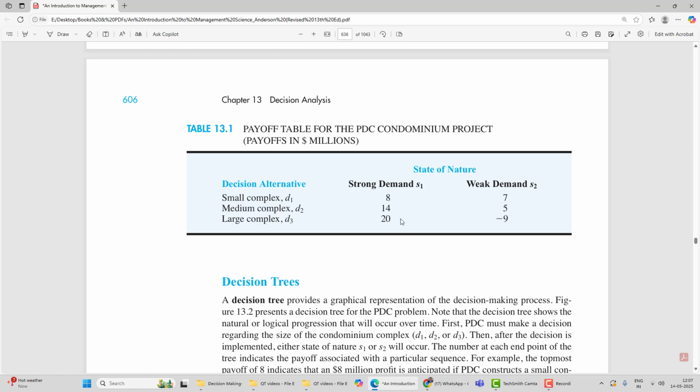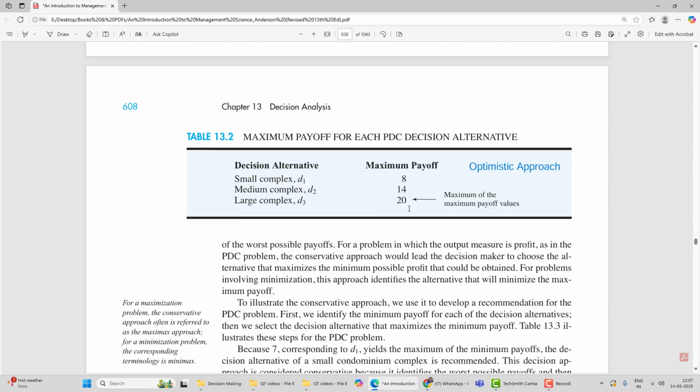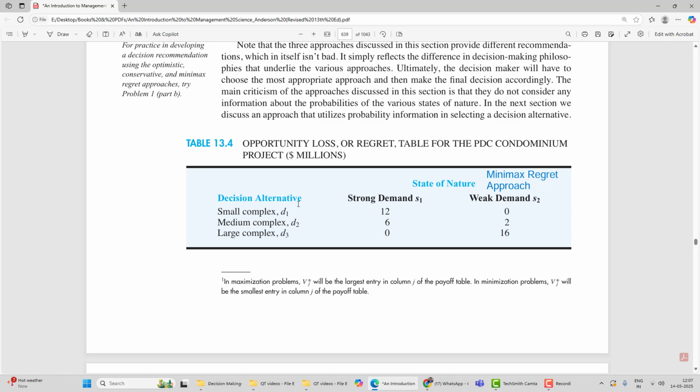That means his regret will be 20 minus 8. He already got $8 million payoff, but he could have got 20 million. So 20 minus 8 will be his regret, right? So that is how we are going to calculate the regrets, and you will capture the regrets here. So this will be 12 million regret here.